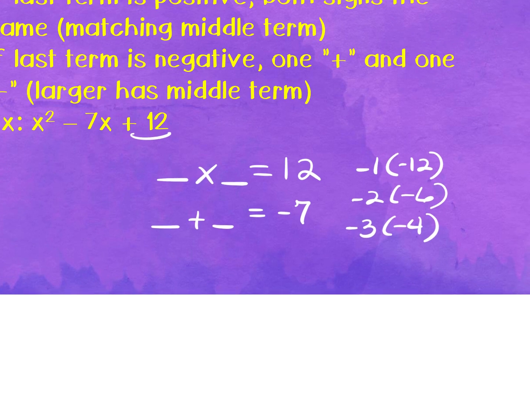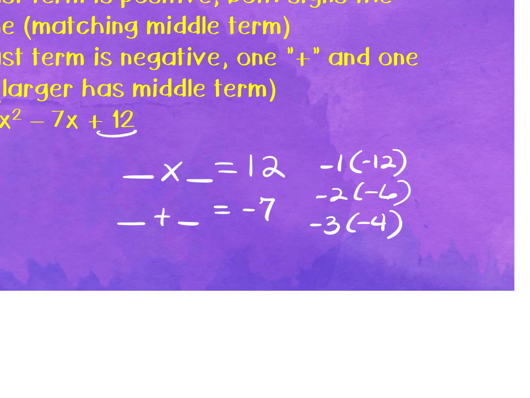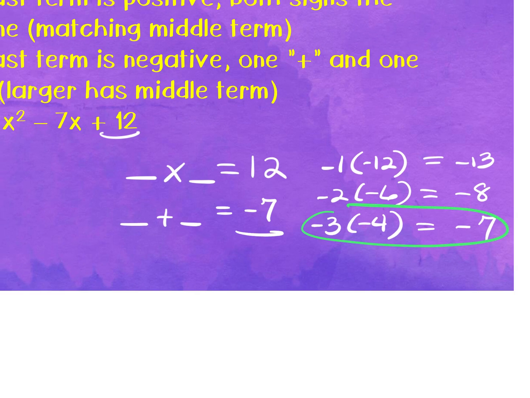Now if I go back and add them, the first sum gives me -13. This is not the sum I'm looking for. I'm looking for a -7. This next one gives me -8. And this last one is the combination that I needed, because -3 times -4 gives me positive 12, and -3 plus -4 gives me -7.